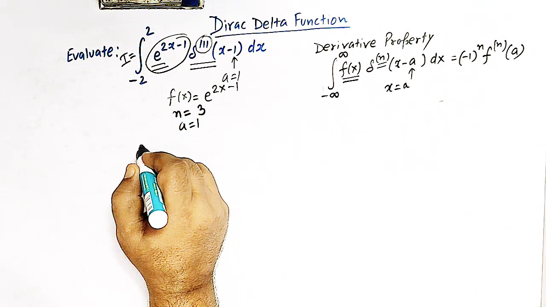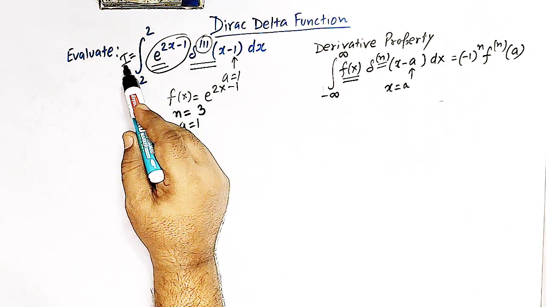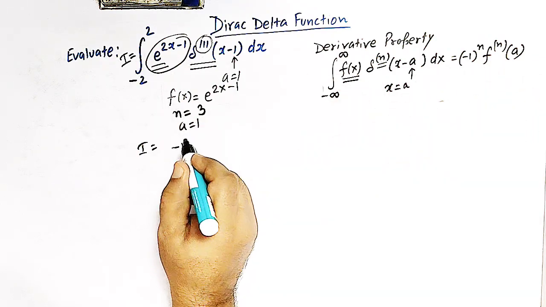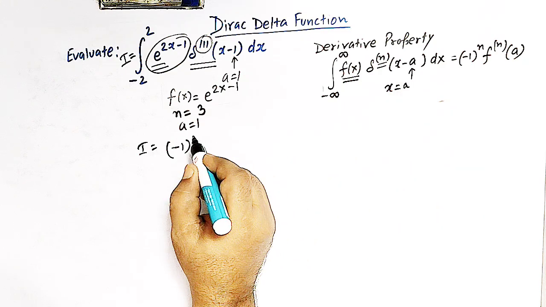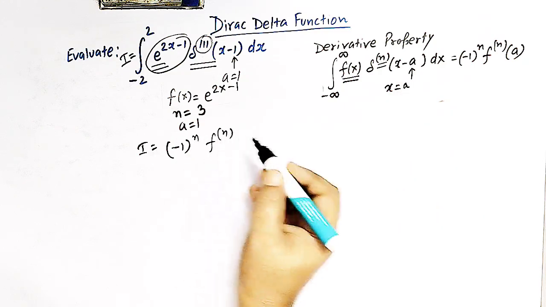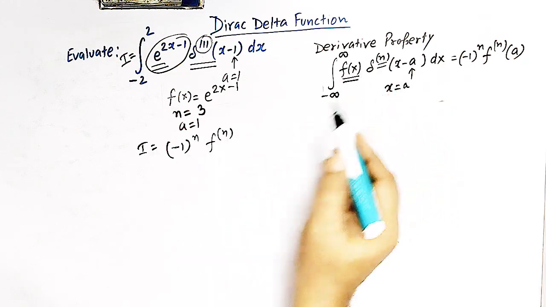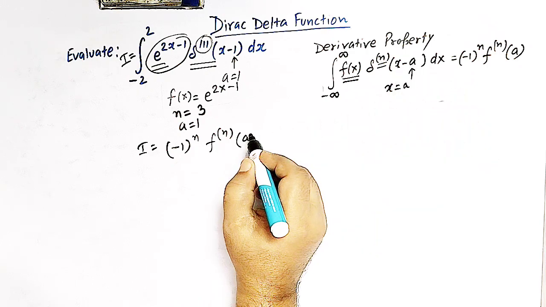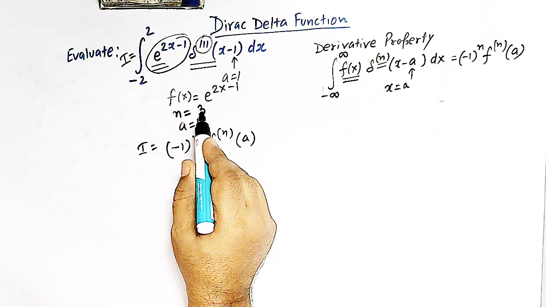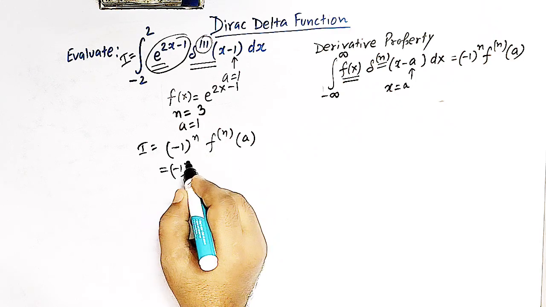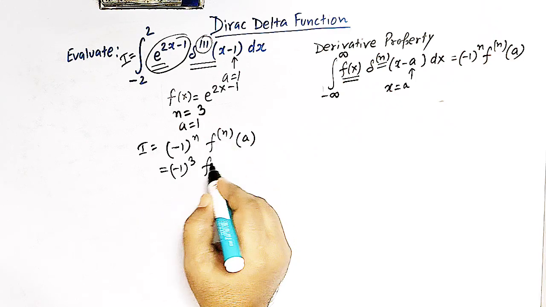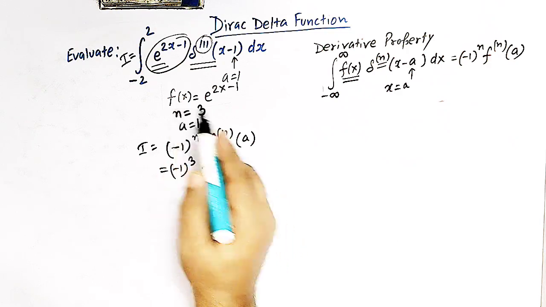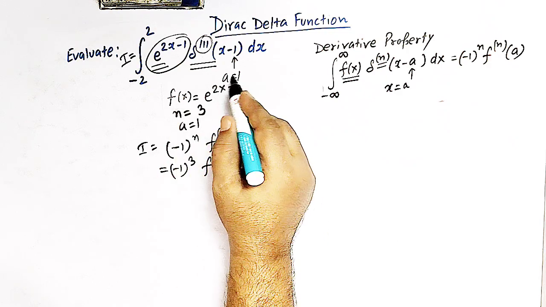So now the value of this integral I due to this result is equal to minus 1 raised to n, and the nth derivative of the function f of x evaluated at the point x is equal to a, right? So our n is 3, so we have minus 1 raised to 3, and here we have f of 3, that is the third derivative of f of x at a is equal to 1.